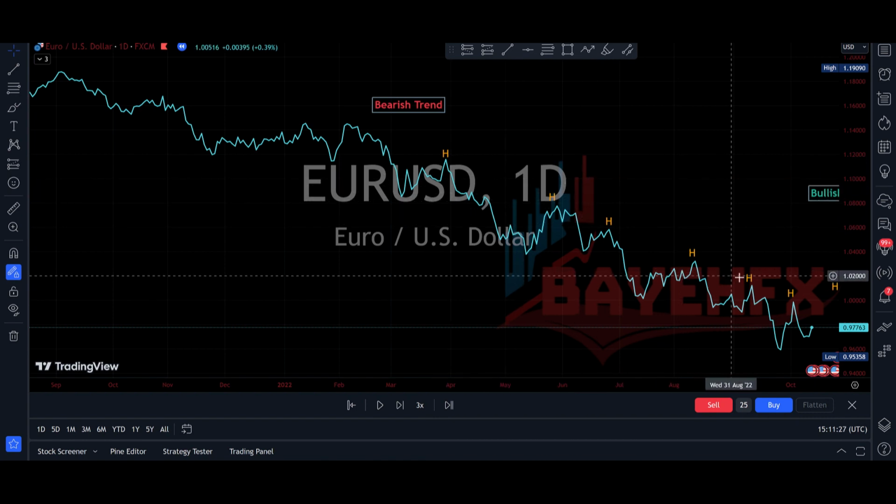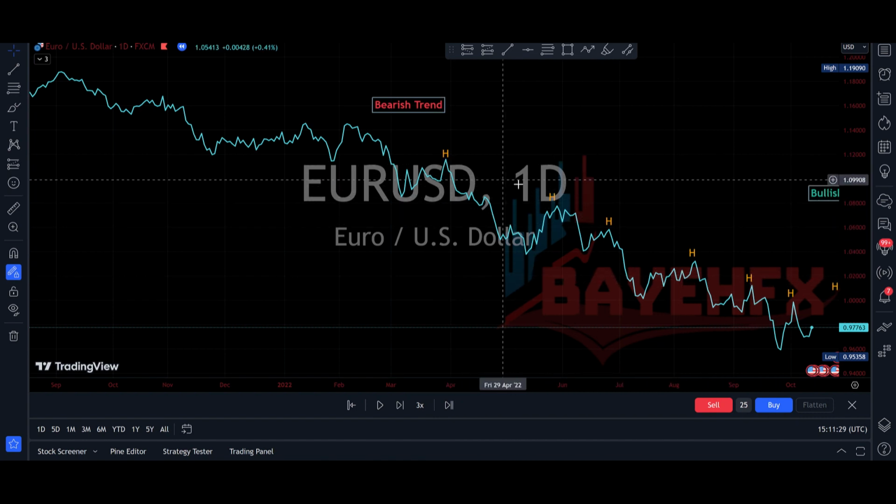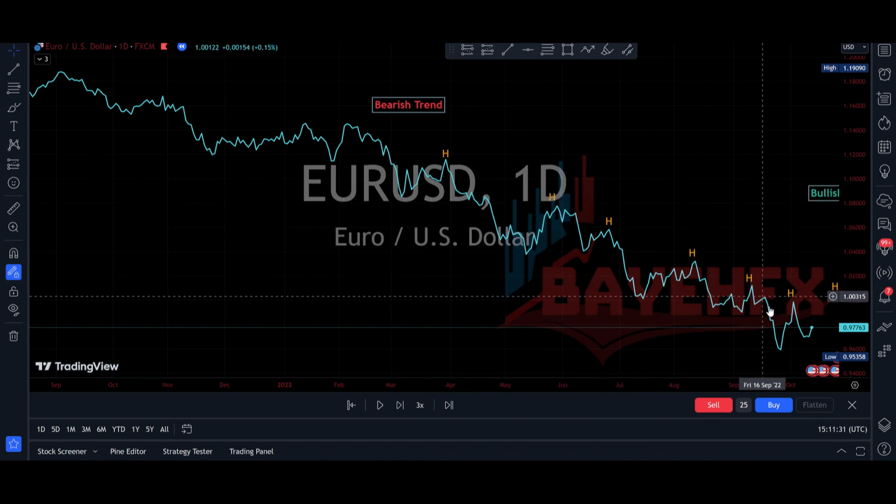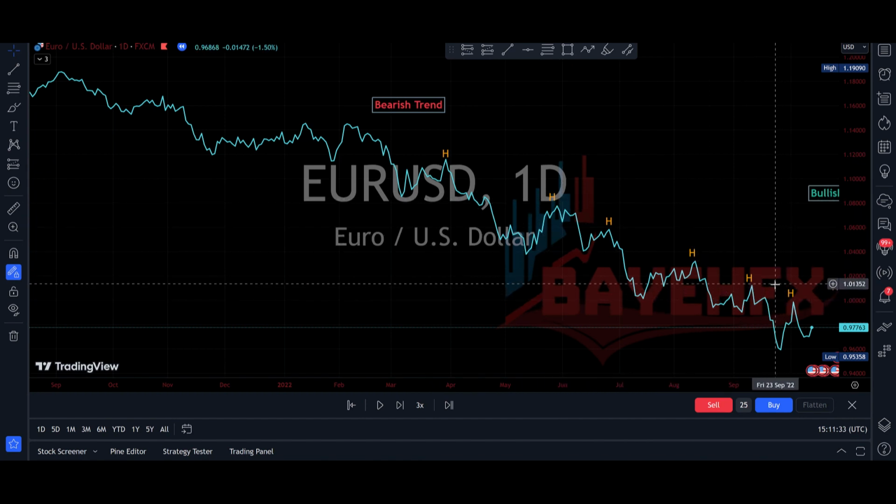These are the opposite direction of the other market we just finished analyzing, giving us the signal of a lower, a bearish market.